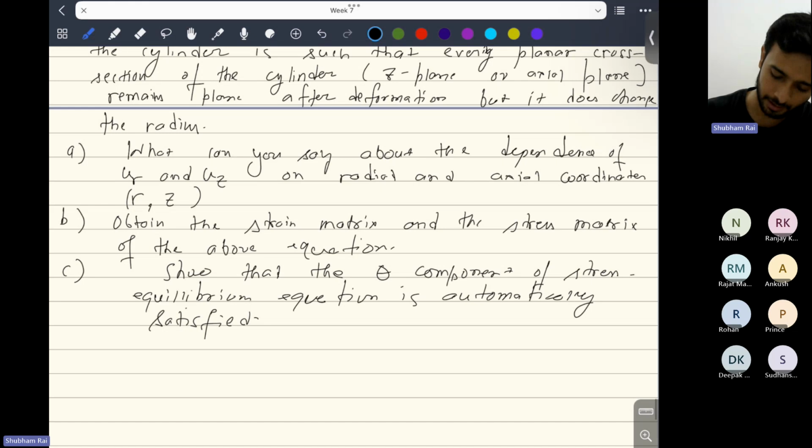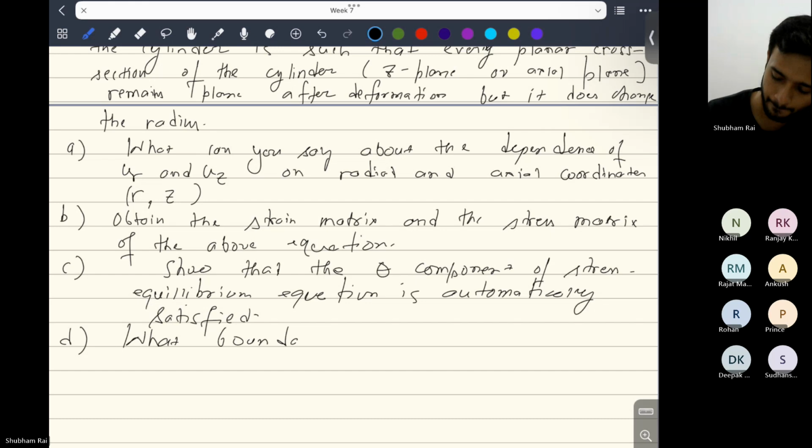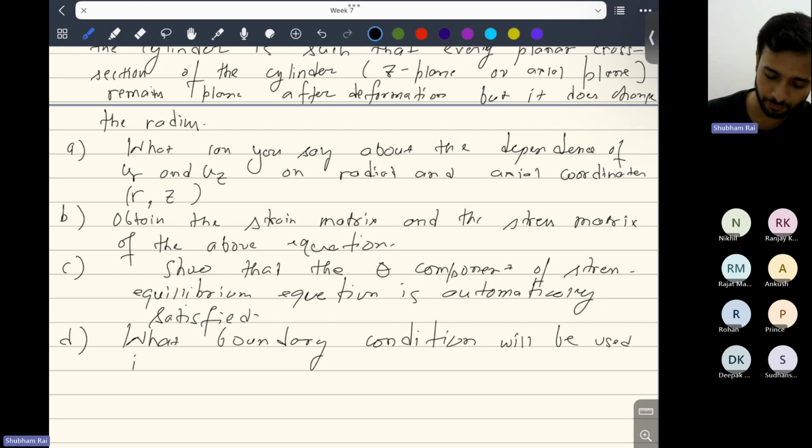And in part D, you have to tell what boundary conditions will be used in order to solve the above deformation problem.